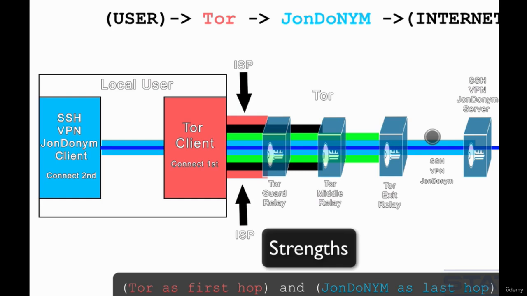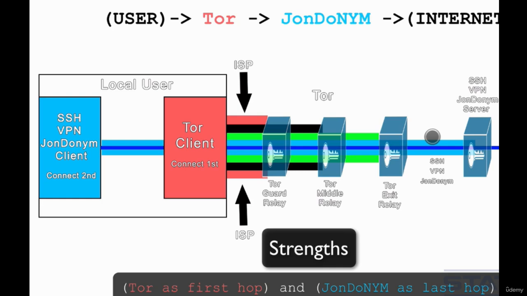Now let's talk about if Tor is first hop and SSH, VPN, JonDonym are last hop. But in this system, Tor is blocked from its destination by the SSH, VPN, JonDonym server. Between these two layers, Tor exit relay and SSH, VPN, JonDonym server, the Tor is stopped.